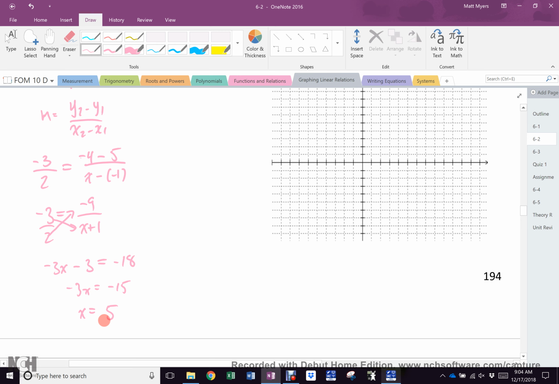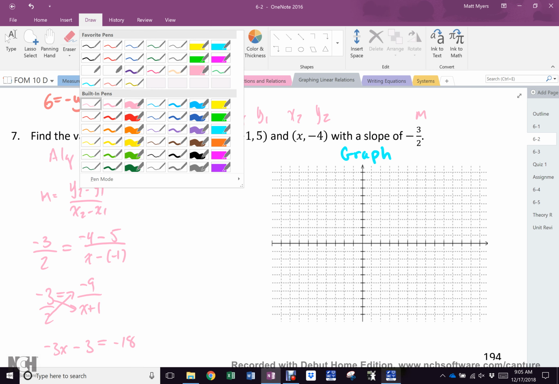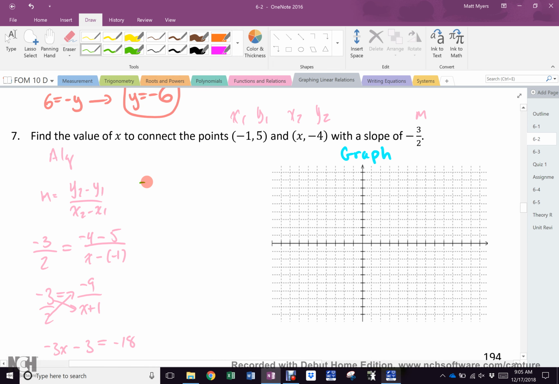Yes, of course you can. You'll get the same answer. Oh, can I actually do that? Yeah, okay. We'll change color to, let's go with light green. So you have -3 over 2, and you've reversed this order. So this guy is x2, y2, x1, y1.